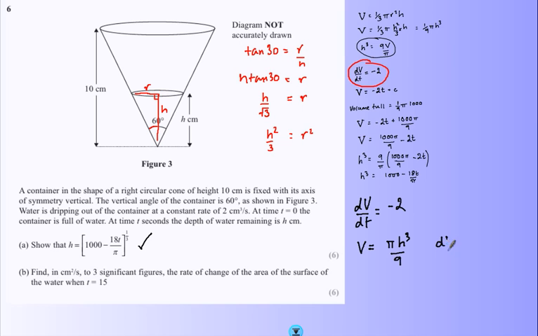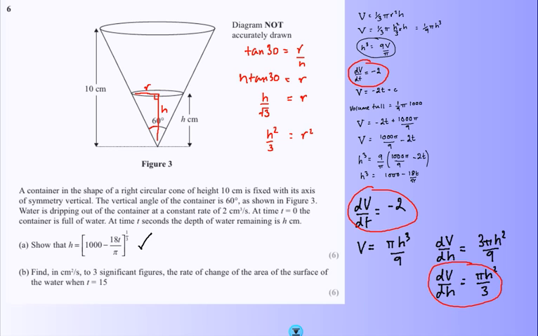So if I differentiate, dV/dh is 3 pi h squared over 9, and so dV/dh is pi h squared over 3. Okay, so I have got this one, and I've got this one.